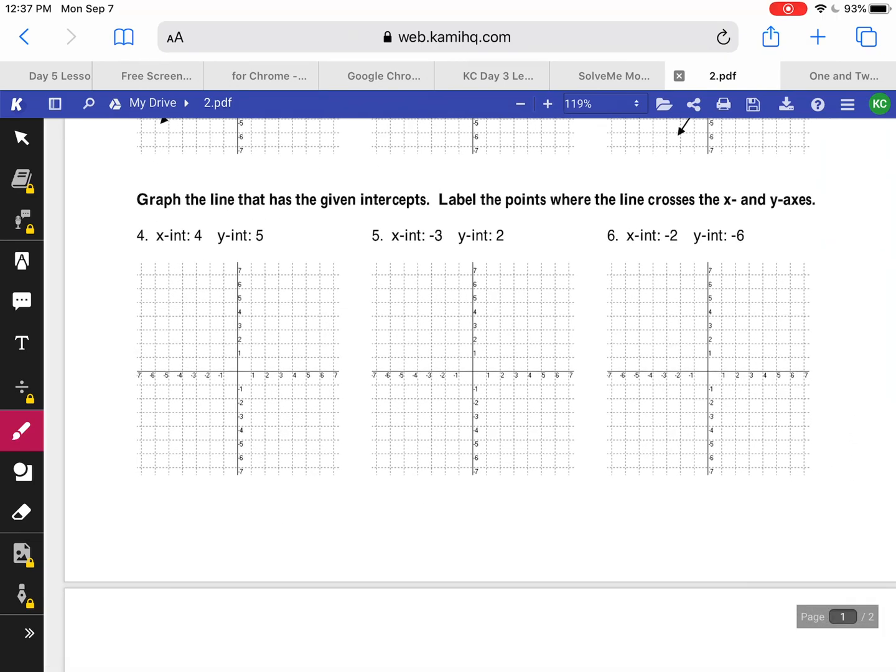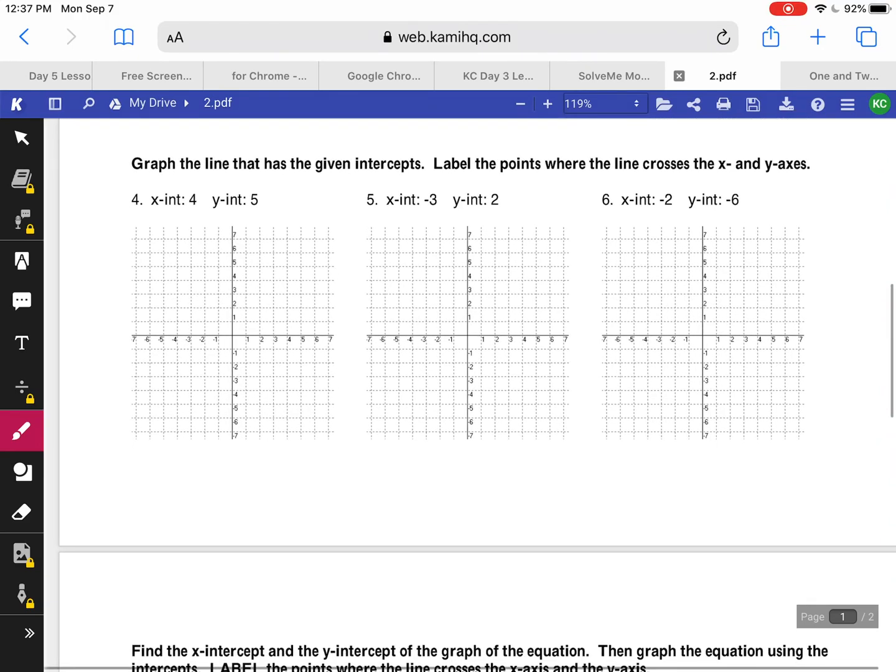Graph the line that has given intercepts. Label the points where the line crosses the x and y axes. So as we're looking here at the first one, we have an x-intercept of 4 and the y-intercept of 5.